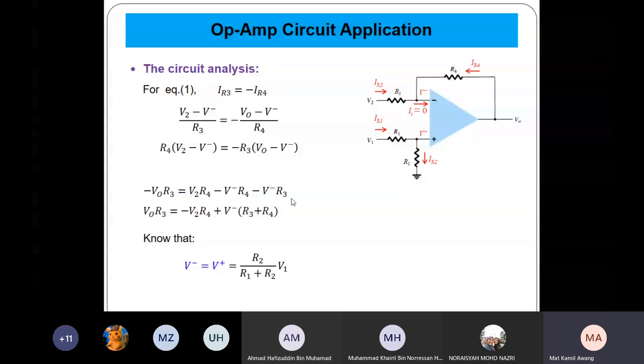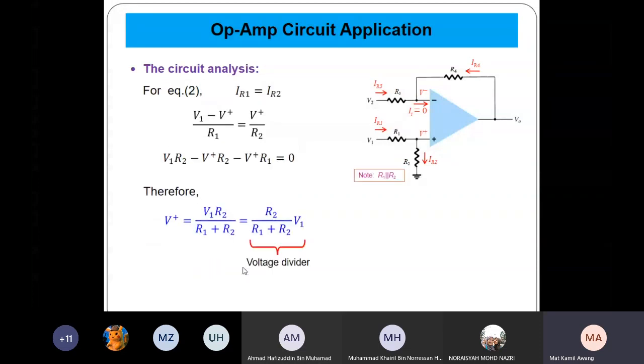Rearrange the equation, so you get V minus equal to R2 over R1 plus R2 times V2. Actually V2, right? This part is from the previous one here, R2 divided by R1 plus R2.